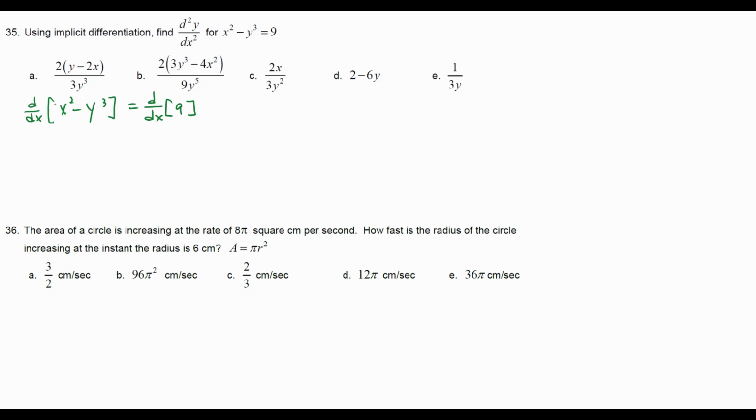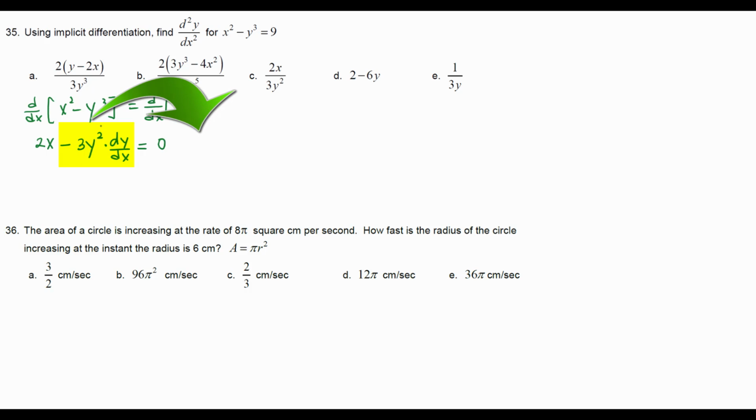So when you take the derivative of x squared with respect to x, it is just 2x minus the derivative of y cubed with respect to x. We need to use chain rule. So we get 3y squared dy/dx equals d/dx of 9, which is just 0. And I only have one term containing dy/dx.